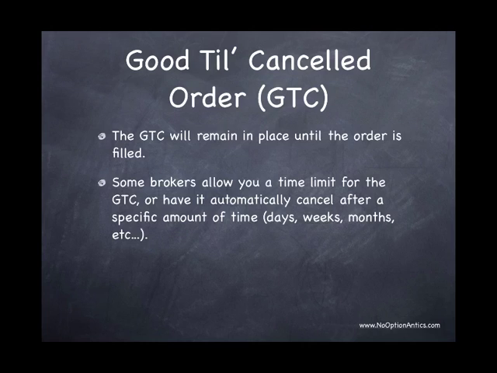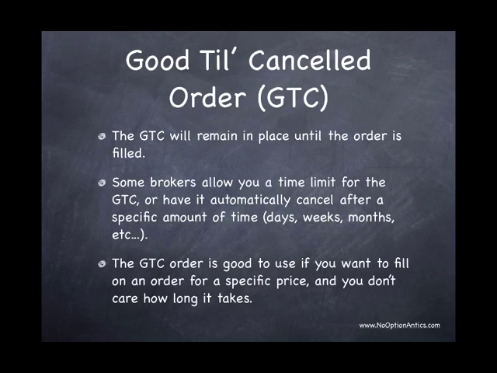Some brokers will have a time limit for a good till cancel. Even though it says good till cancel, they may have it for a period of time, so it's always best to check with your broker to see what their limit is for the good till cancel order to be in place. These are the type of orders that I like to use for exiting a position.